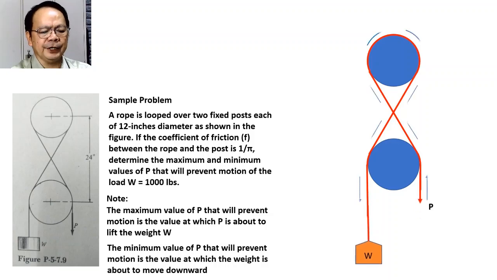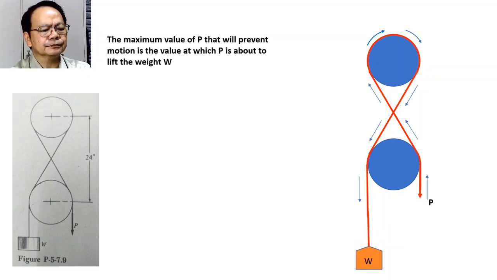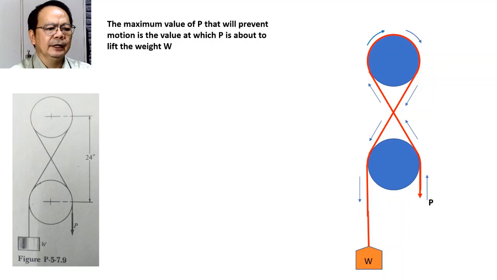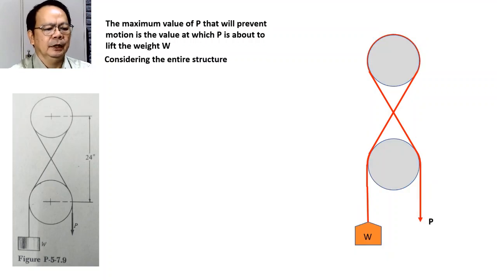Now, to solve for this, let us start with defining the maximum value of P that will prevent motion of the weight W. And let us consider the entire structure as free body diagram.